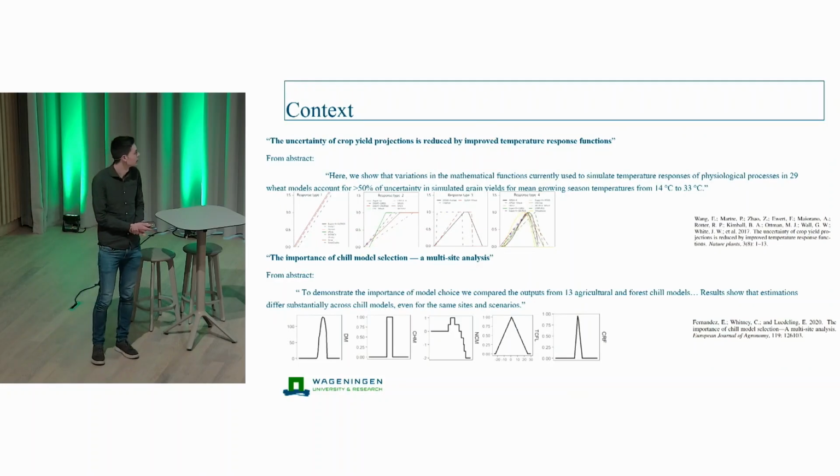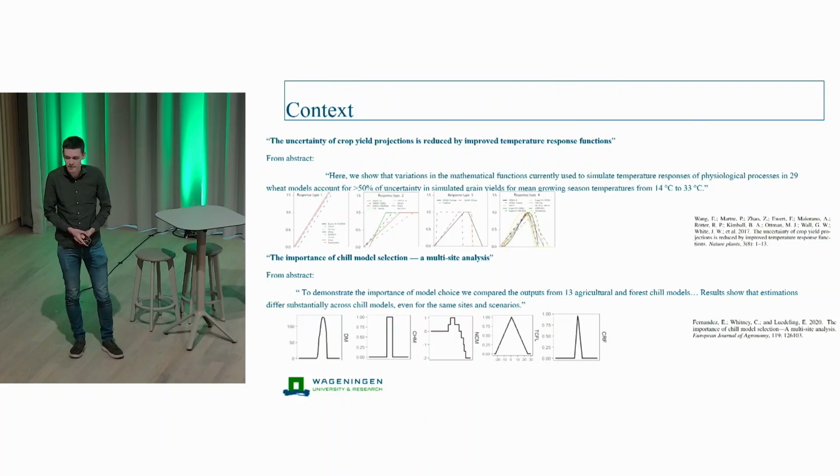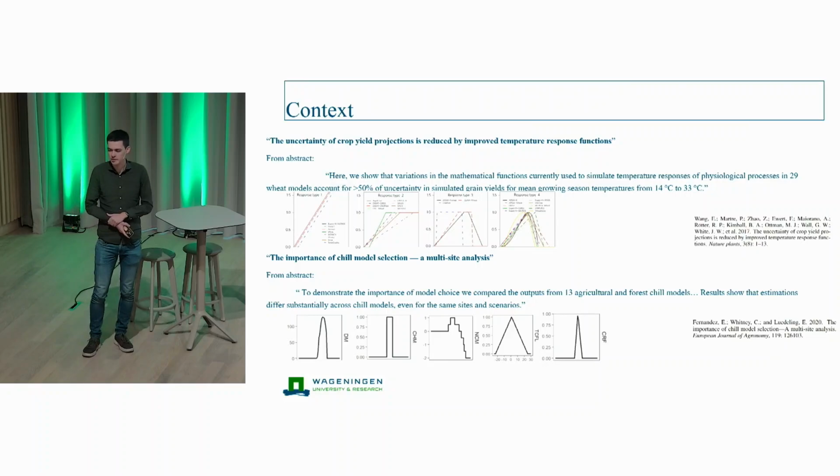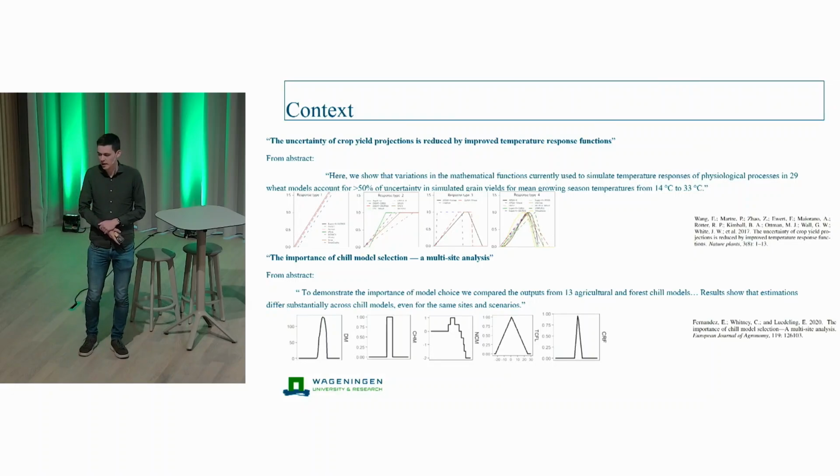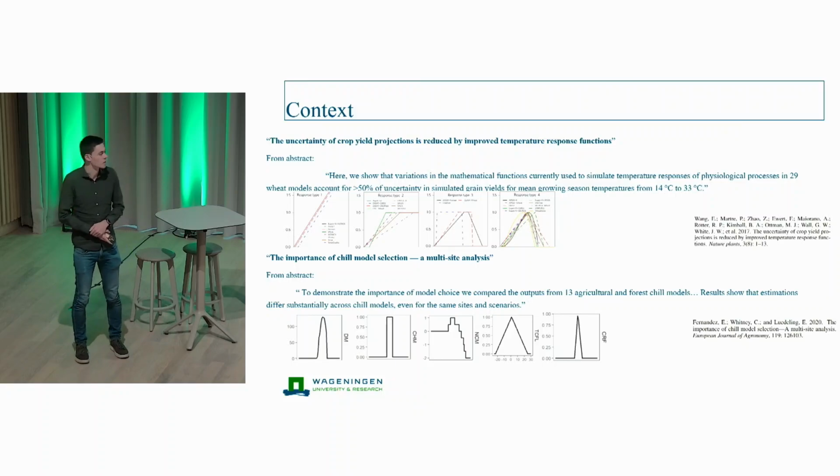The type of models that I'm interested in are these thermal time models, which are quite simple, but they usually form a core component of these biophysical crop growth models, and determine the phenological progression of crops, which often determines how susceptible crops are to environmental stressors.